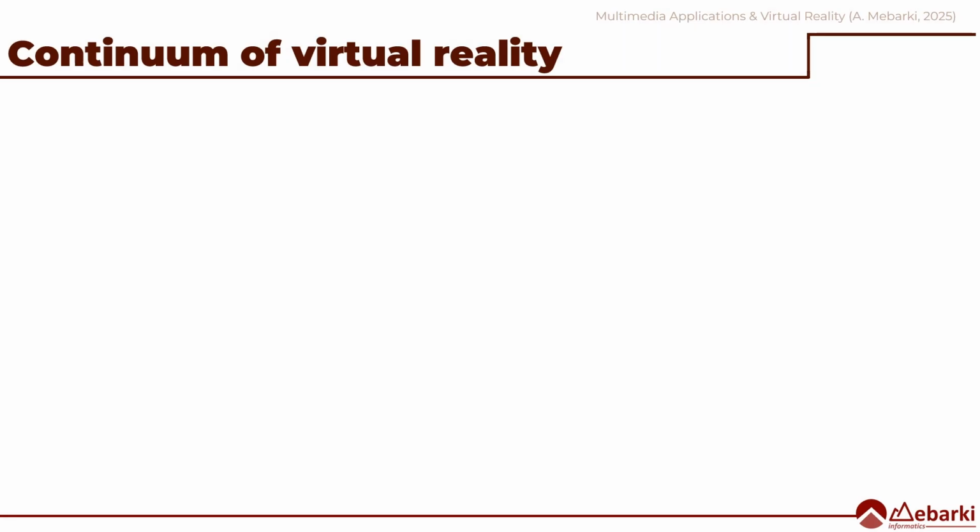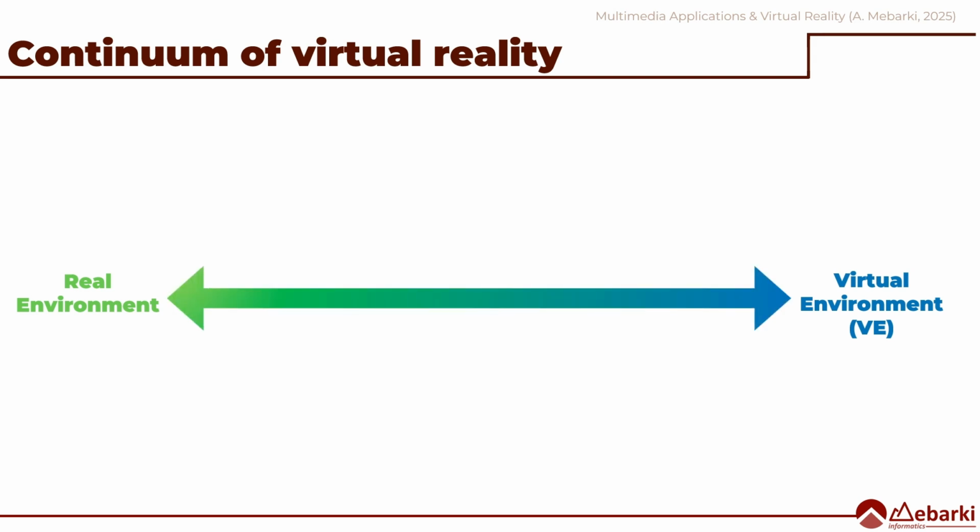The virtuality continuum, proposed by Milgram and Kishino in 1994, describes how we move from the real world to a fully virtual one. It begins with the real environment, where everything we perceive comes from natural, physical reality. Then, augmented reality adds virtual elements, like data or 3D objects, directly into the real world.